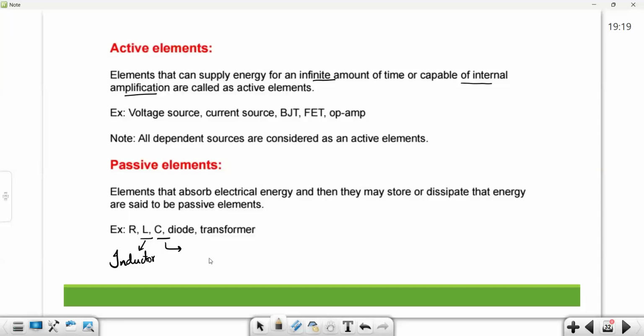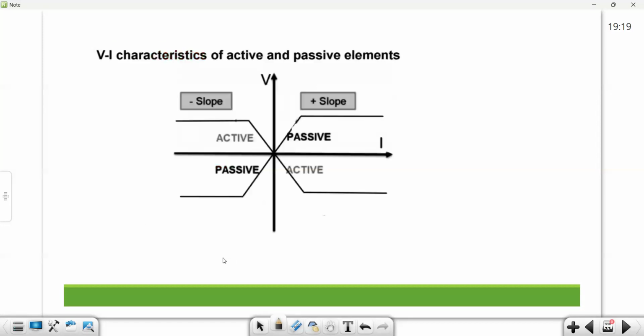But they store energy and dissipate it very quickly, so they are known as passive elements. Don't say it is capable of storing energy so it is able to supply energy. Supplying energy for an infinite amount of time means active, but they will not supply for an infinite amount of time. That is why it is a passive element. Clear? Okay.